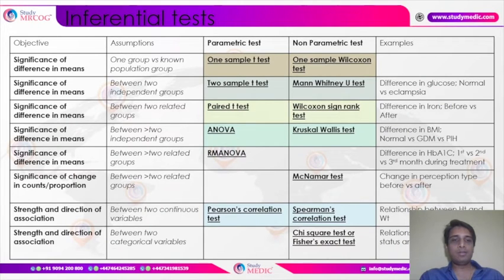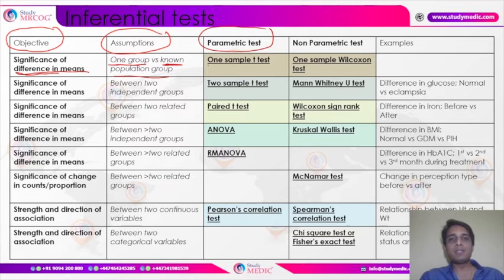Now coming to inferential tests. These are the statistical tests that we use to test the significance of the effect estimate in our study. These inferential tests are based on the objective and the assumptions. If the objective is to find out the significance of difference in means between one group versus an already known group, and if it meets all the assumptions and the population is normally distributed, then we use parametric tests.